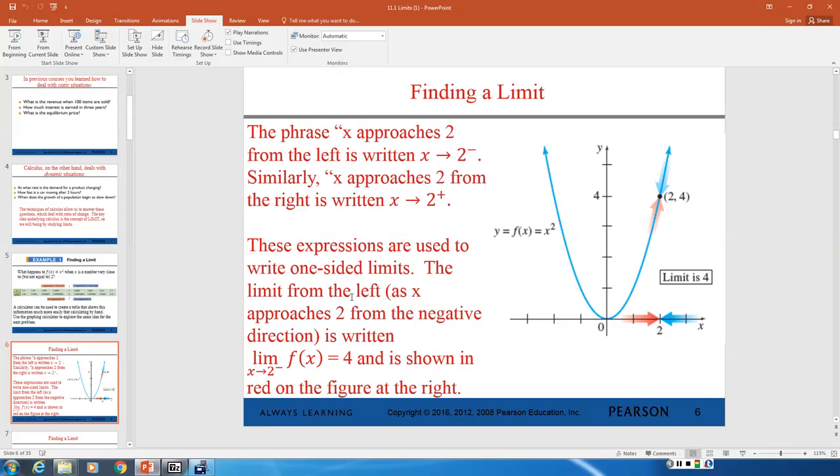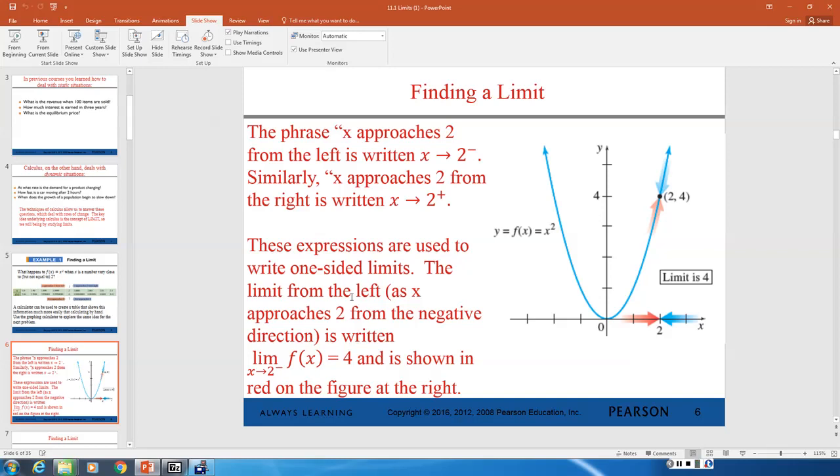Those are what we call expressions used to write one-sided limits. So the limit as x approaches 2 from the negative direction is written lim, x arrow 2 with a little negative sign, and then you put equals 4, because that's what it's approaching. It's getting closer and closer.